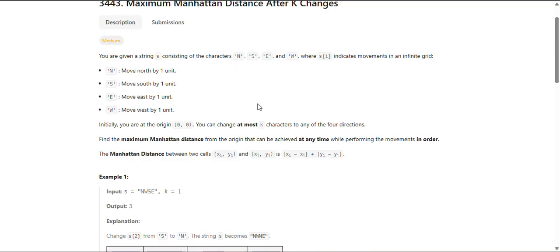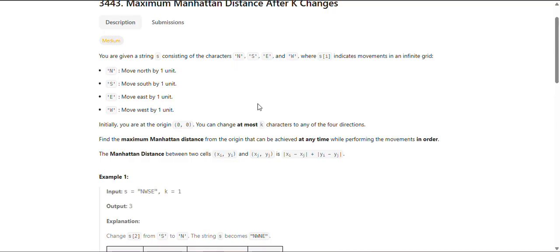And now you are supposed to check if you can get to that maximum Manhattan distance. So how do you check that? I think we are supposed to bound the values by some constraint, and it would be 2 into k, because again, for the same reason I mentioned, when we change every letter we are increasing our current Manhattan distance by 2 units.